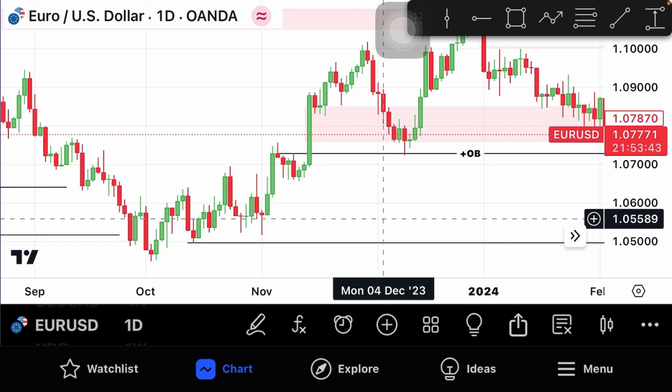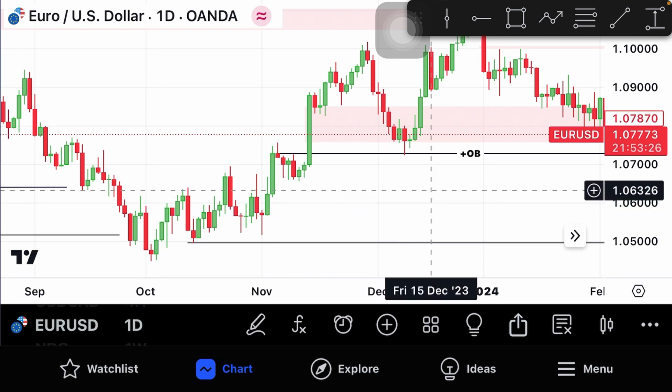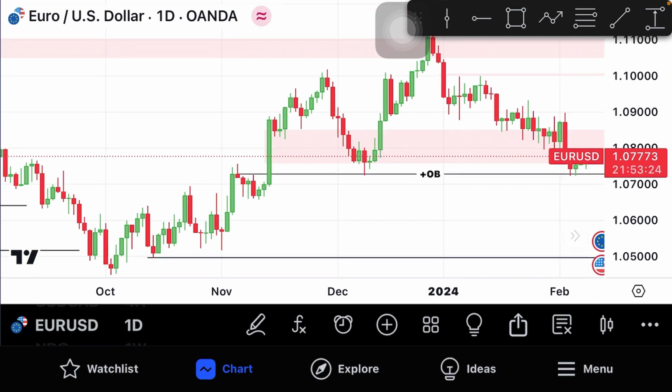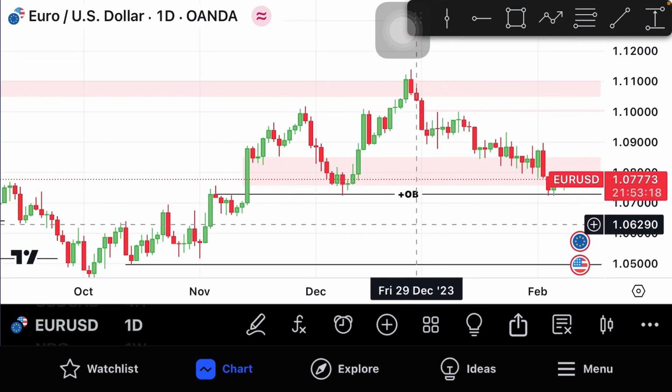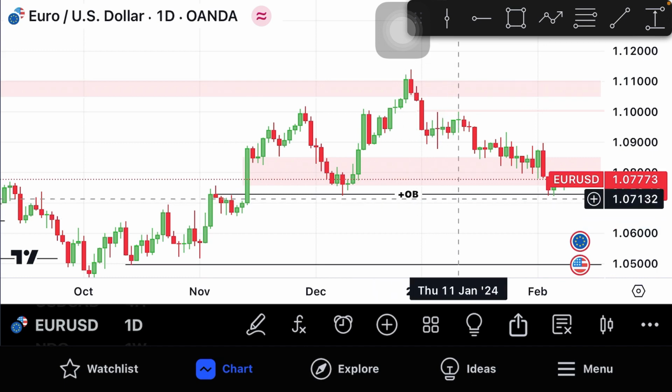Now the next one, we have Monday, Tuesday, Wednesday. So here the high was actually formed on Monday. Here also. So if you check, most times, 70% of the time from the data I have, the high of the week is usually formed on Tuesday.